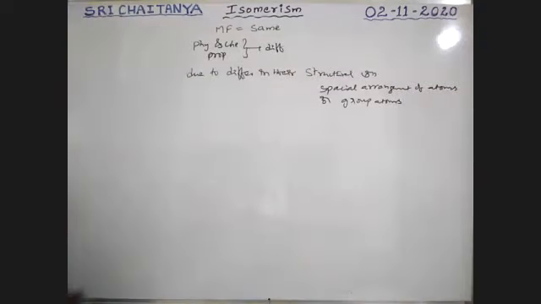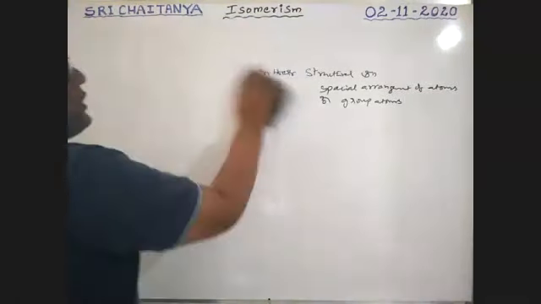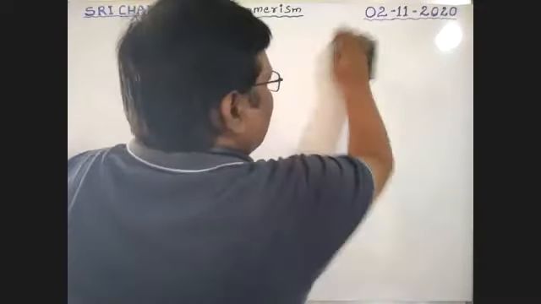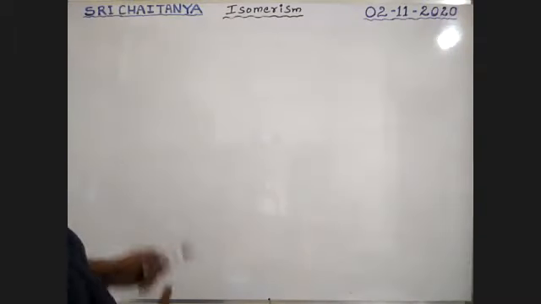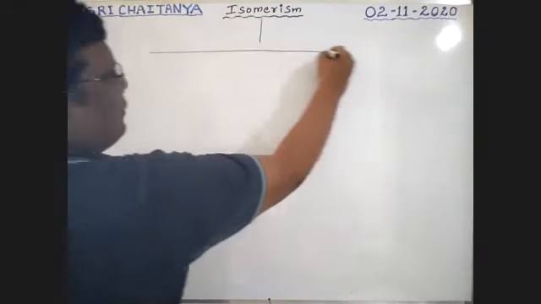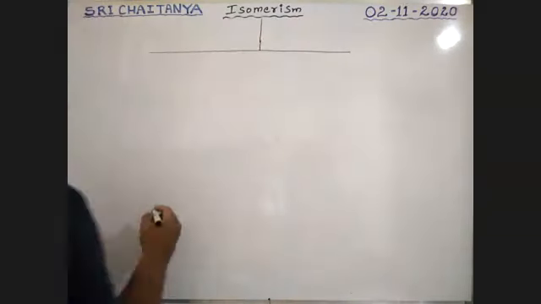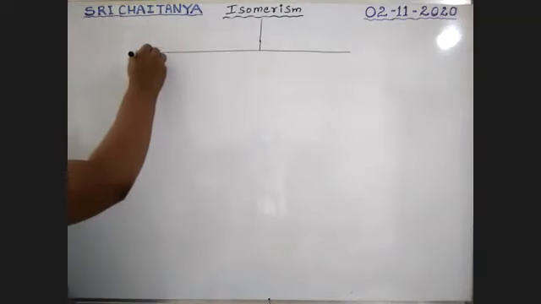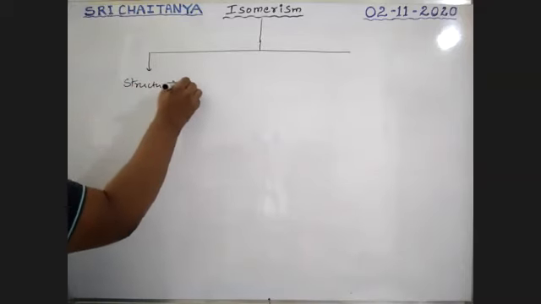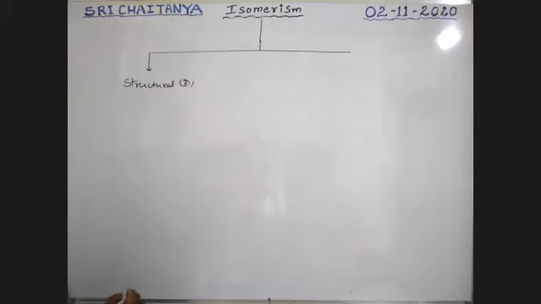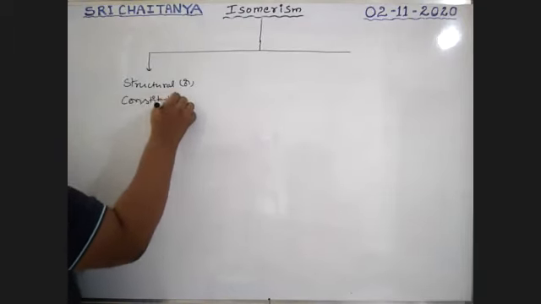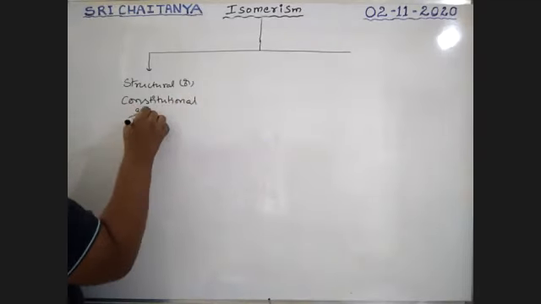Now, classification of isomerism. Isomerism is broadly of two types. One is structural or constitutional isomerism.